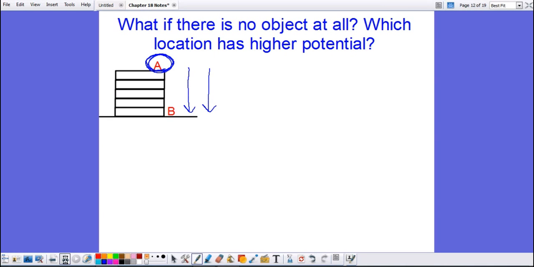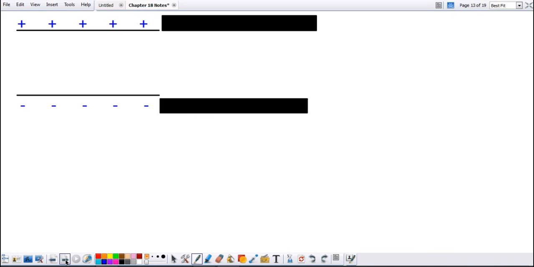Okay? Now let's go ahead and relate this to electricity. We've got a capacitor here, a charged plate, positively charged on one side, and another charged plate, negatively charged on the other side. We're going to say that this positively charged plate has a higher electric potential. Electric potential is given by the variable V. And the lower plate has a lower electric potential.